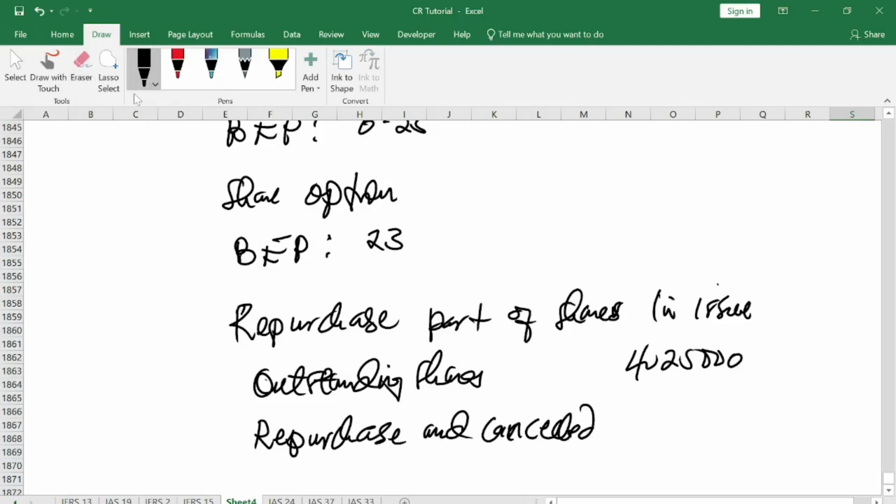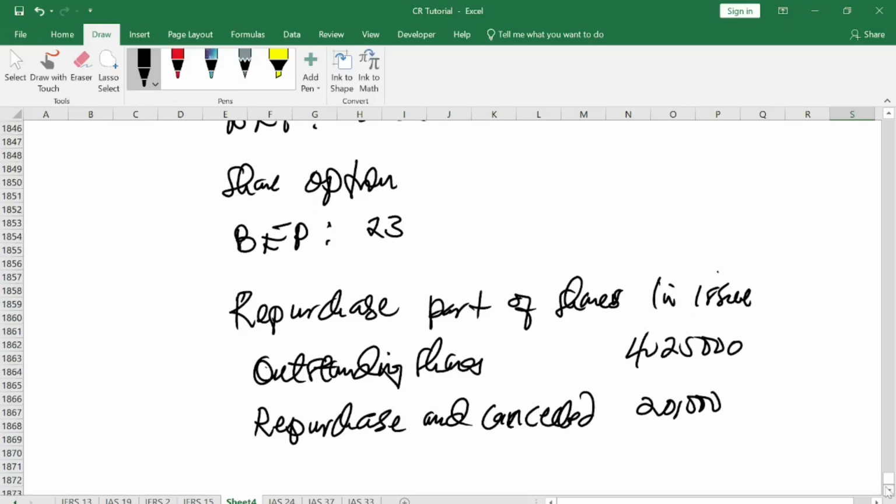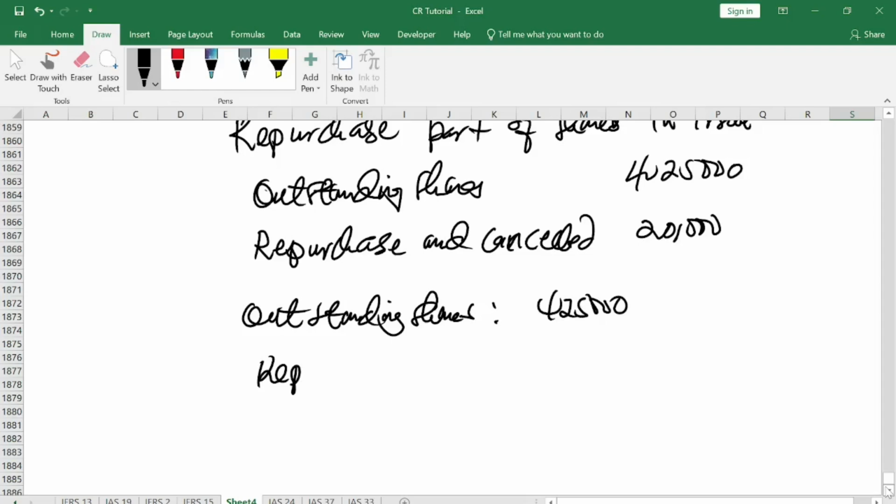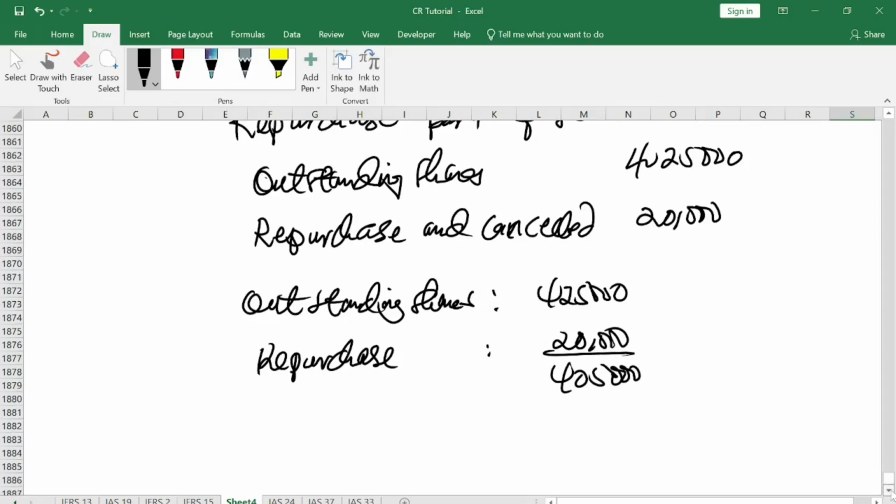So when you decide to repurchase 20,000 shares from the market, what happens? Your outstanding shares are 425,000, then you repurchase 20,000, so you have 405,000.